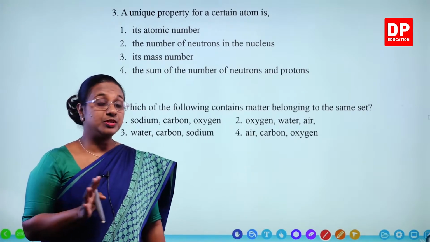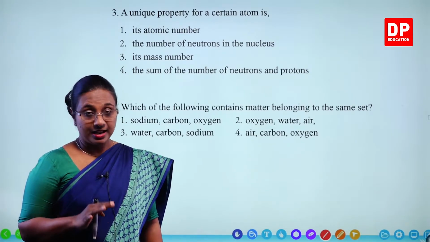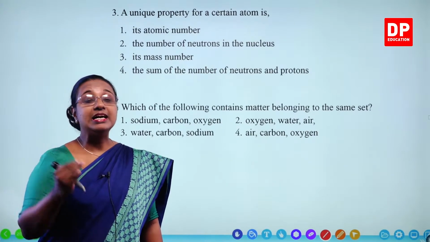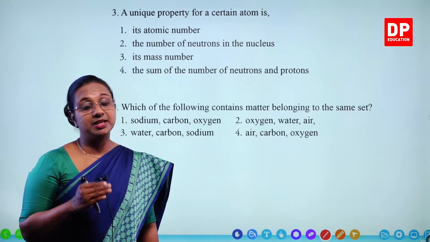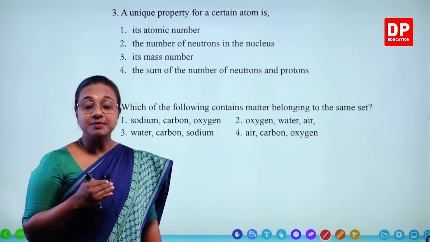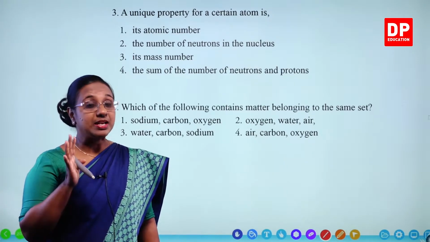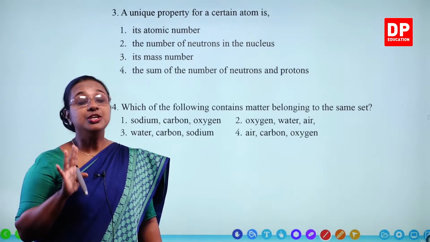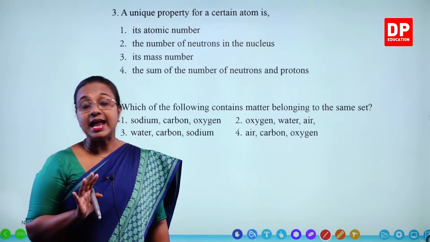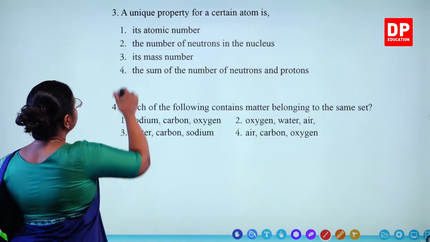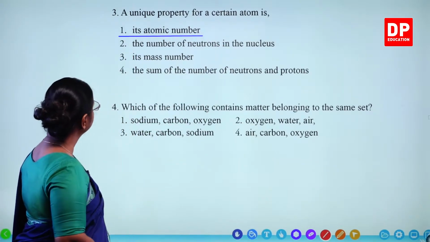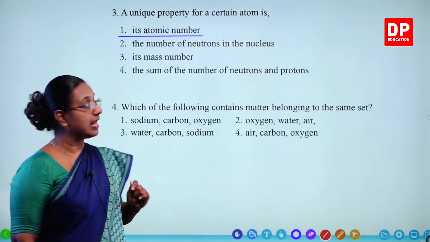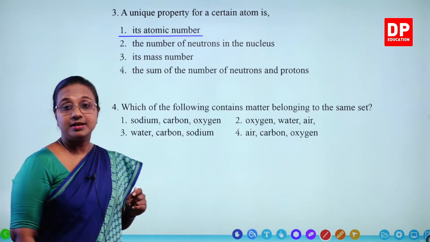And sometimes, students, we have not discussed that now, but you will learn that later. Some atoms of the same element can have different mass numbers as well. But you have learned that the unique property is the atomic number. So for this, it is the first answer. It's atomic number. A unique property for a certain atom is its atomic number.